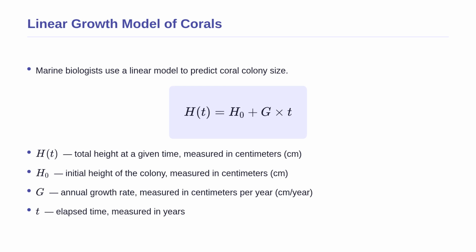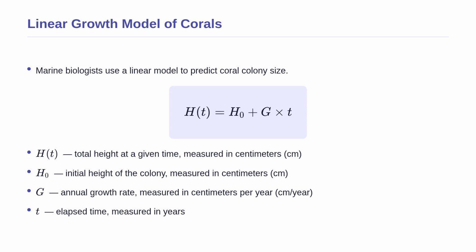Now that we understand what corals are and why they matter, let us look at how they grow. To track a coral colony over time, marine biologists use a simple linear growth model. The formula is h of t equals h naught plus g times t. Let us break down these symbols. H of t represents the total height of the coral colony at a future time, measured in centimeters.